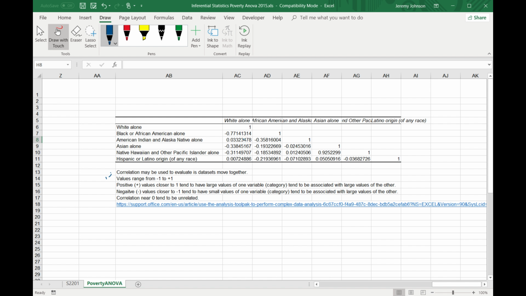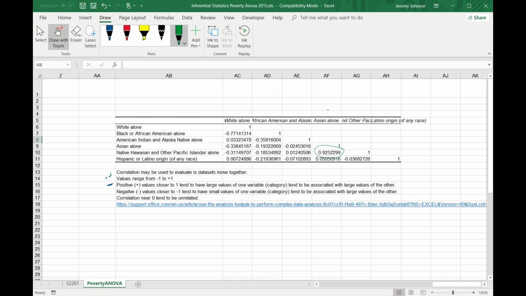We see some negative values, we see some positive values, but they're all between -1 and +1. Positive values are closer to 1, and let's use this. Here's a value that is very close to 1, right?